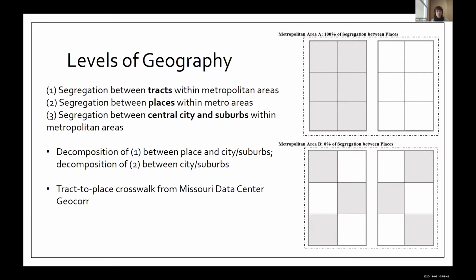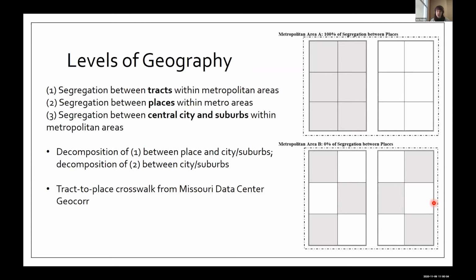So pretend that the gray boxes represent neighborhoods that are 100% renter occupied, and the white boxes are 100% owner occupied. So for both metros, neighborhood segregation, sort of segregation between the boxes, is complete. Like there's no neighborhood that has both renter and owner occupied housing units. And so H would equal 1 for both metro areas.